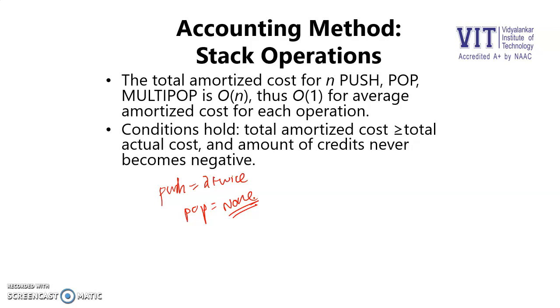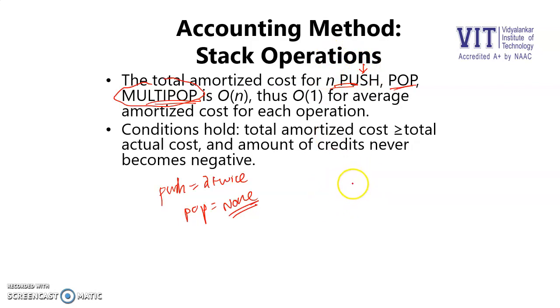If I'm trying to average it out, I'm going to perform n push operations, pop operations, and multi-pop operations. For pop the charge is 0. For multi-pop, again the charge is 0. So we are charging only for push operation, correct?